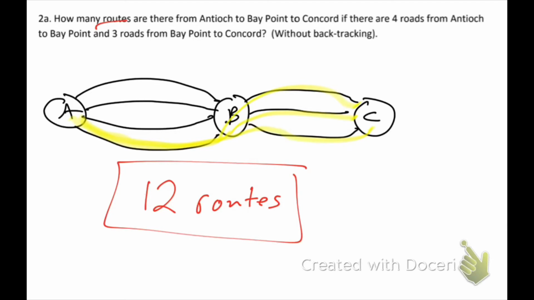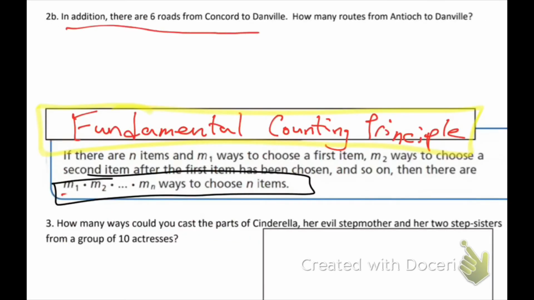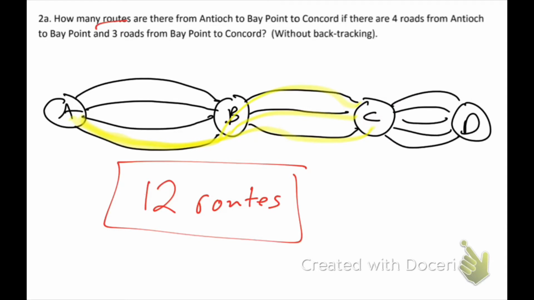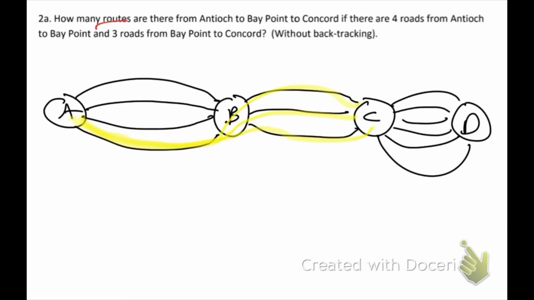Now what if I add, in addition, there are 6 roads from Concord to Danville. Let's say I add another 6 roads from Concord, 1, 2, 3, 4, 5, 6, from Concord to Danville. Now that's going to get really complicated really quick, because if I'm going to count my first one, this would be 1, and I have to go 2, 3.